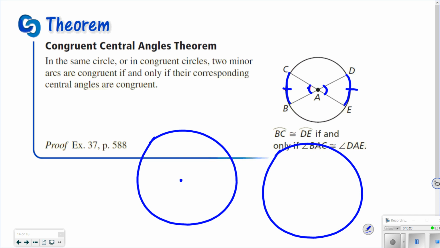So say I measure an arc over here, and I measure that angle, and I measure an arc over here, and I measure that angle. As long as those angles are congruent, and the circles are congruent, that means the arcs will also be congruent. So you can compare arcs within the same circle, or you can compare arcs on two congruent circles. And as long as their central angles are congruent, then the arcs will be congruent.